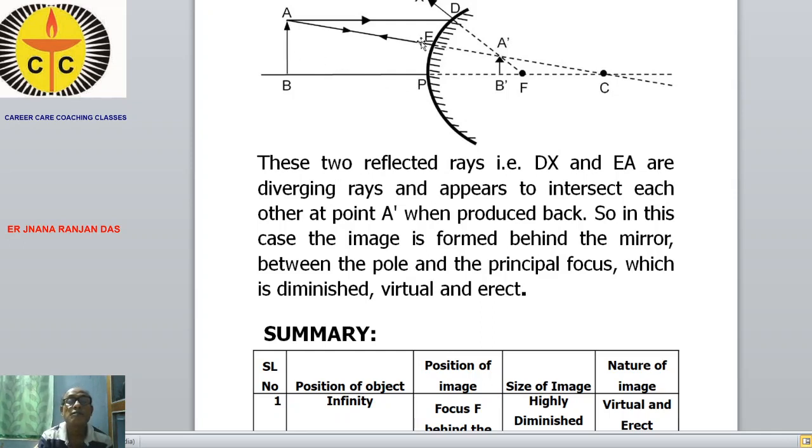So in the case of a convex mirror, the image is always diminished, virtual and erect. See the summary of image formation in a convex mirror.